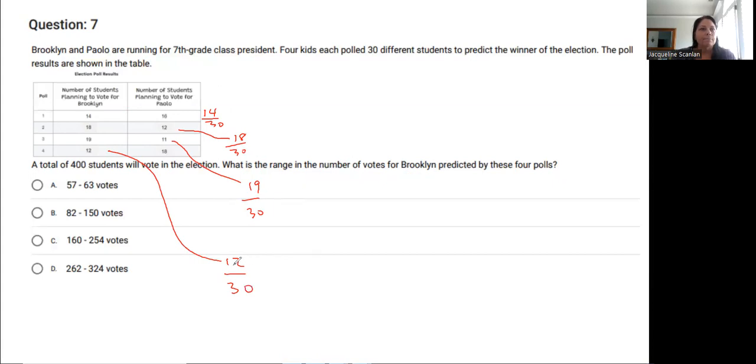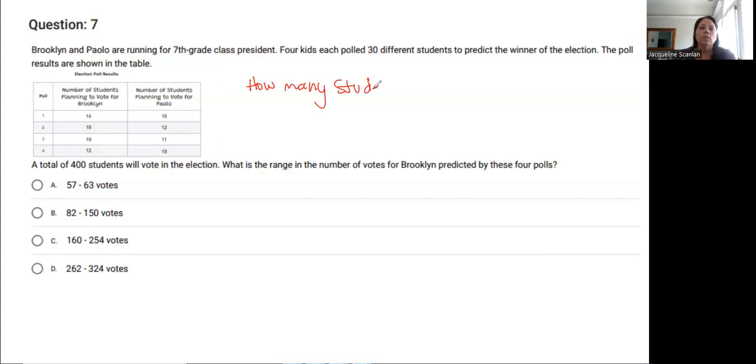All right. At this point, what we could do is figure out how many students were polled altogether.